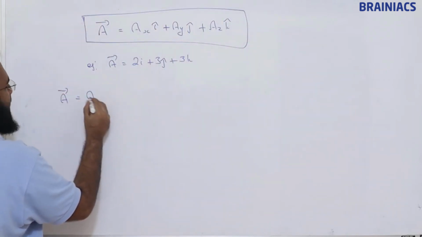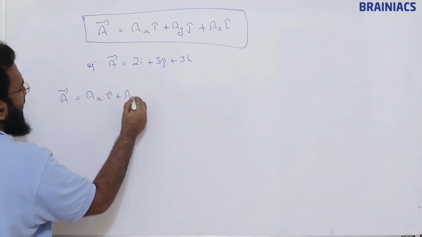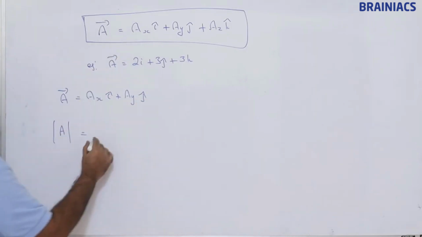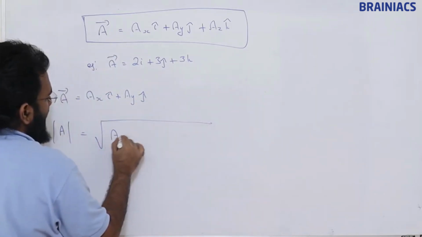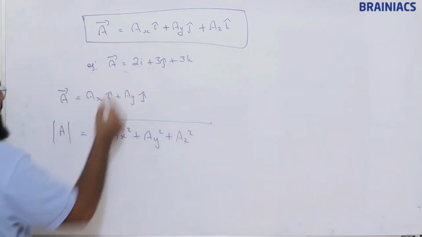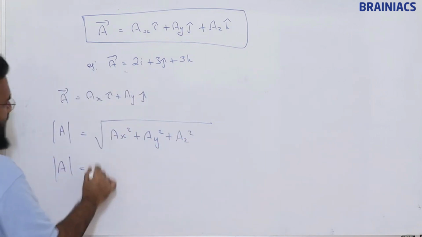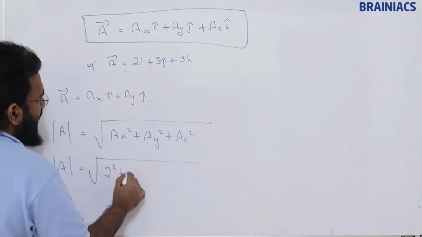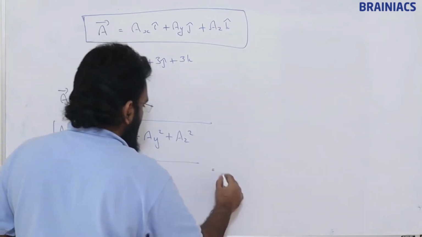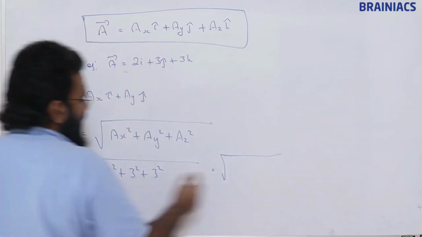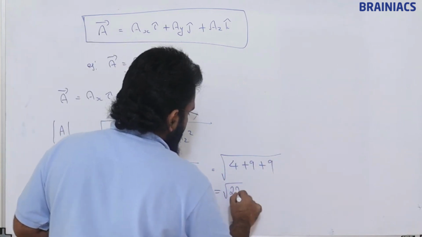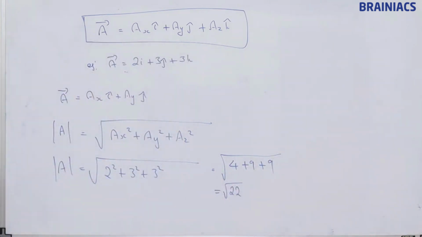If it is two-dimensional, ax i plus ay j. To find the magnitude of this vector, it is root of ax square plus ay square plus az square. In this example, its magnitude is root of 2 square plus 3 square plus 3 square, which is root of 4 plus 9 plus 9, root 22. This is its magnitude.